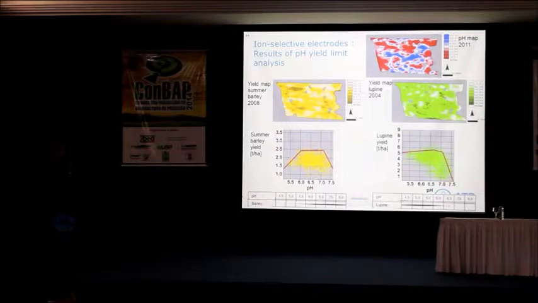And from this line, you can tell the relationship between pH and yield. And you see on the left-hand side, low pH causes low yield, and very high pH, about 7, also causes yield depression. Lupine is not very sensitive to low pH values, so the yield is only restricted by high pH values.